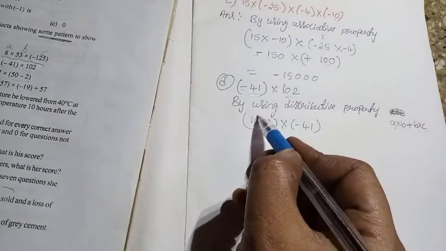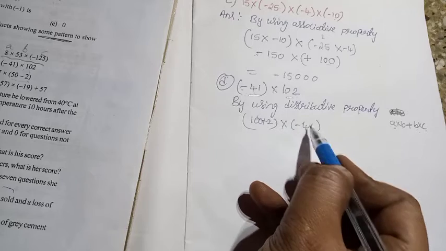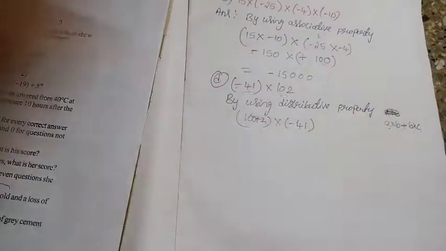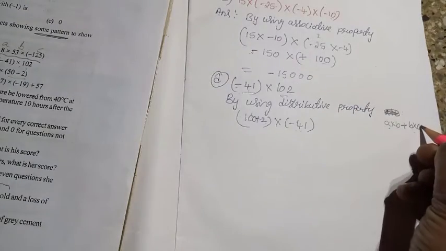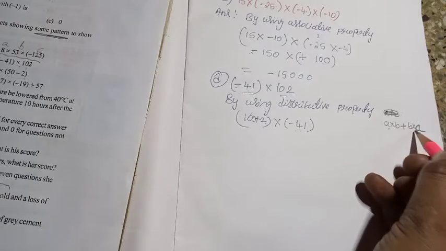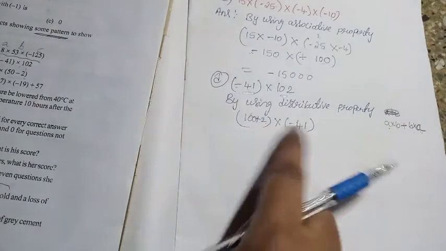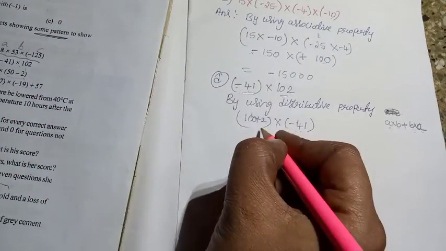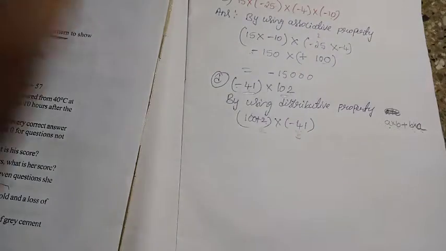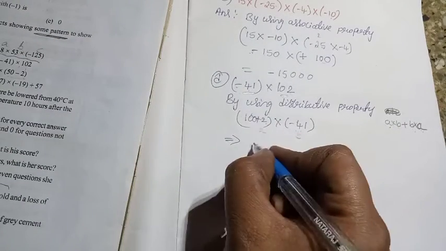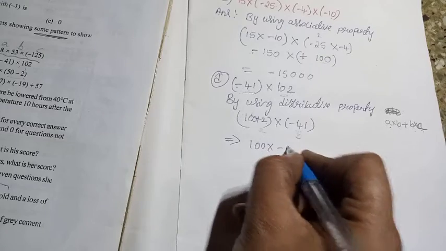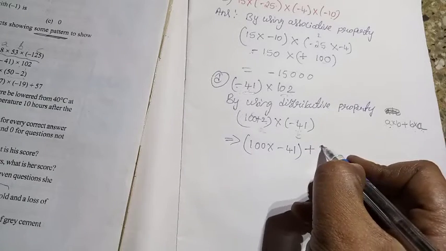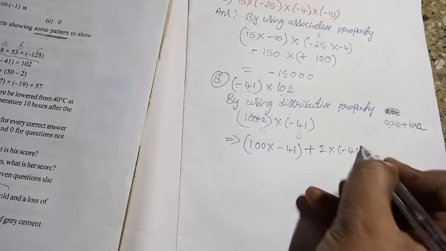So a into b plus a into c, same number here. Choose this next line: 100 into minus 41, plus 2 into minus 41.